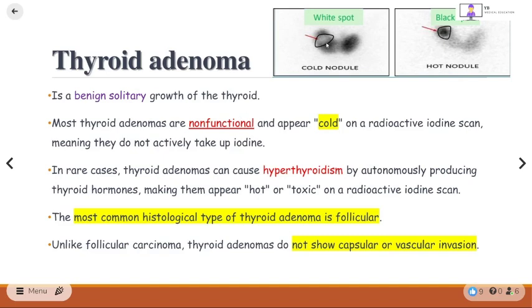It could be a cold nodule or hot nodule, and these expressions refer to the uptake of iodine by the cells. Most thyroid adenomas are cold, and they don't take iodine, so they don't release thyroid hormones. Hot nodules take iodine, and they could release thyroid hormones. The most common histological type of thyroid adenoma is follicular, like we said. Unlike follicular carcinoma, thyroid adenomas do not show capsular or vascular invasion.